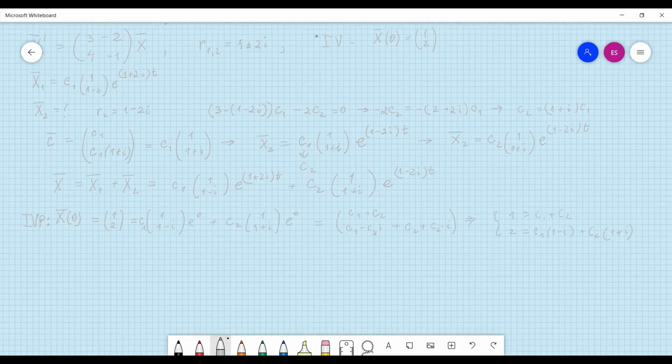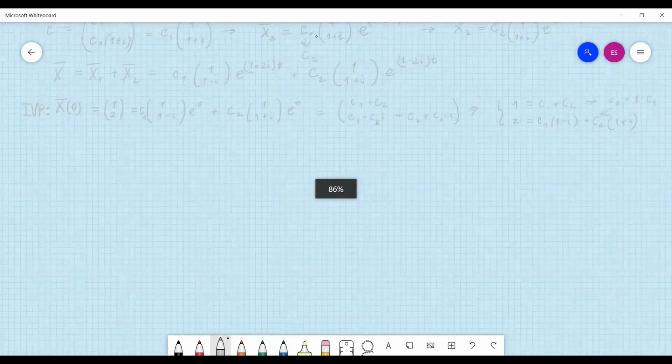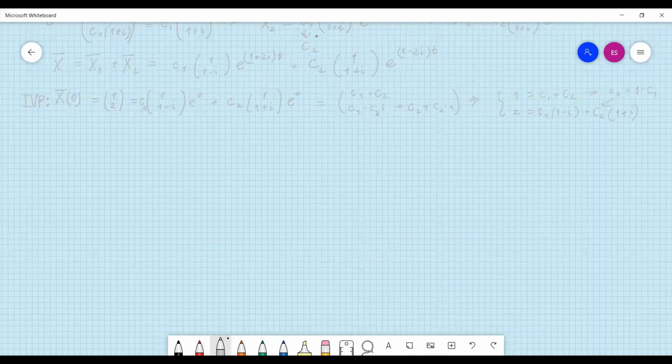Okay, now we just solve it and find C1 and C2 using our initial values, right? I'm going to take the first equation and express, for example, C2 from it. So C2 is 1 minus C1; we just move C1 over here. And then plug this C2 into the second equation.